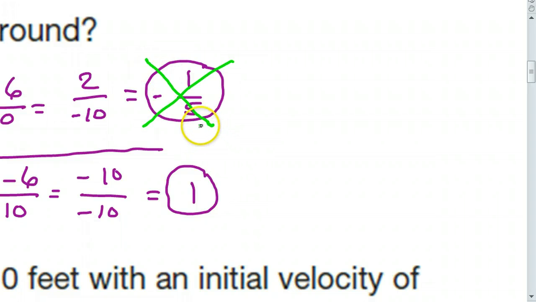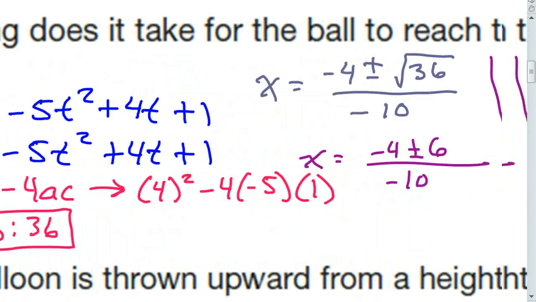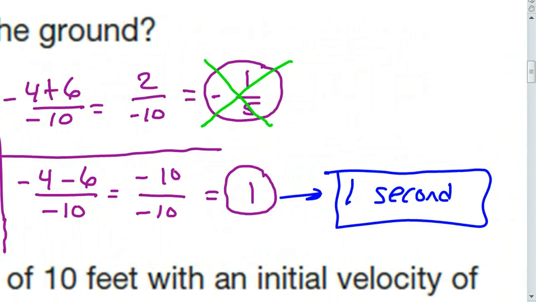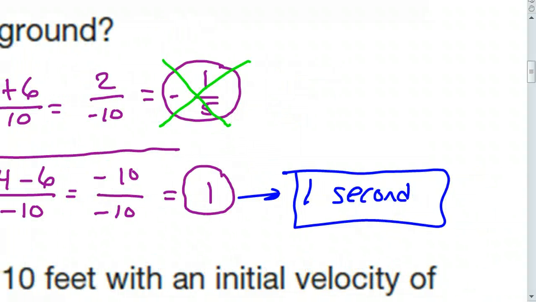Time is not going backwards. We don't have a time machine. So that's called extraneous. That's not valid for the problem. So the only possible solution is 1 second. That's how long it took for the ball to hit the ground. That's it. It took 1 second.